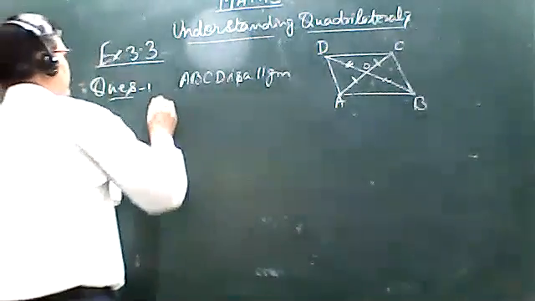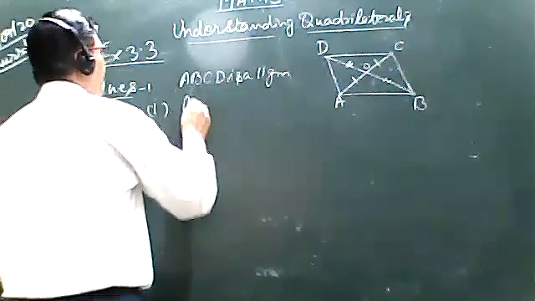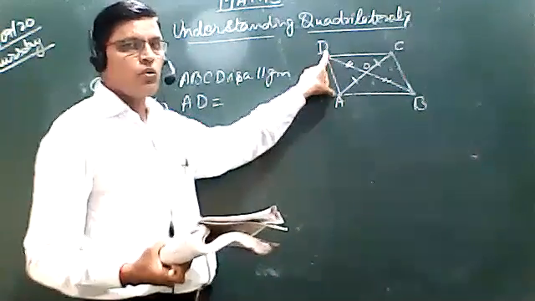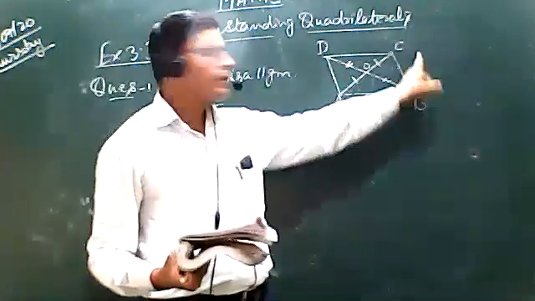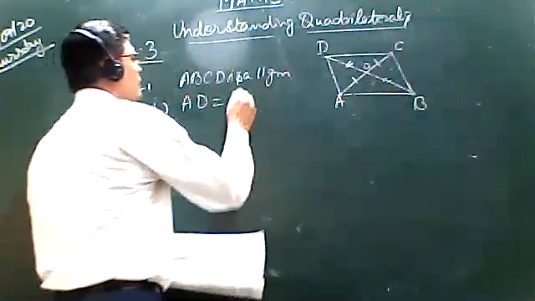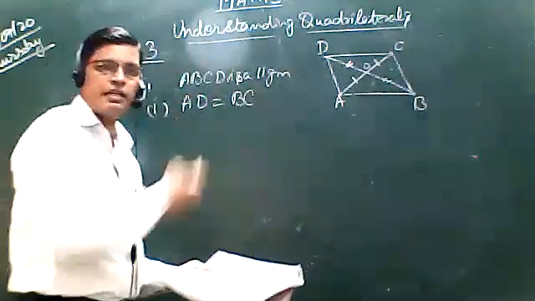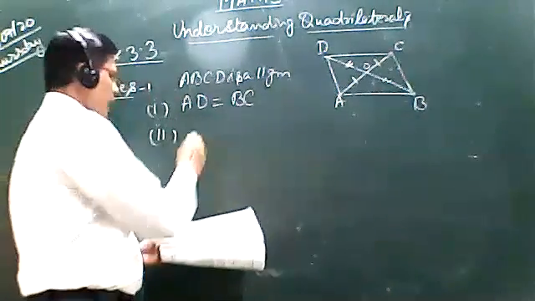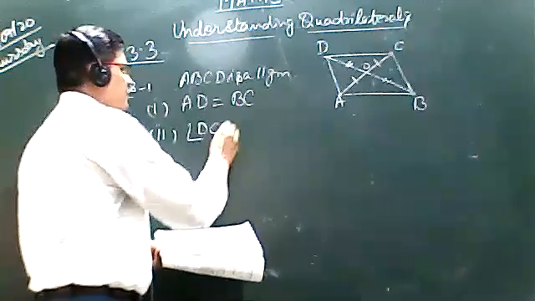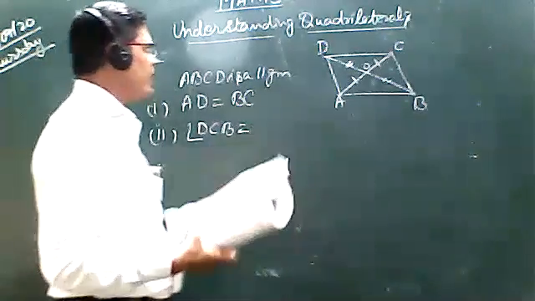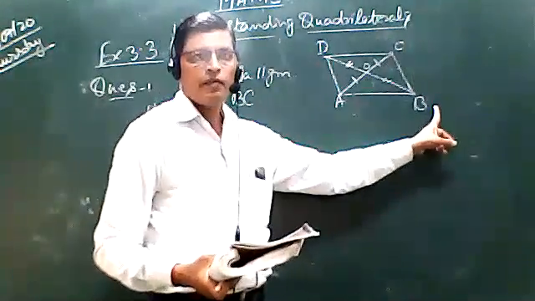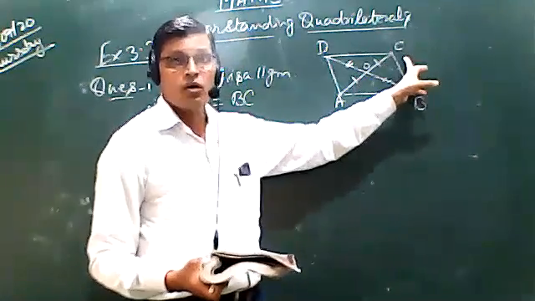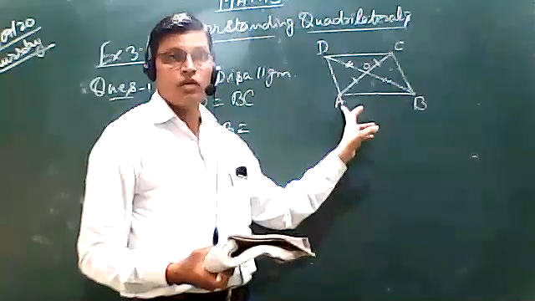The first part, AD. AD is a side, equal to its opposite side BC, so we write here BC. Now the second part, angle DCB equals angle DCB, and this is the angle C. In the parallelogram opposite angles are also equal.